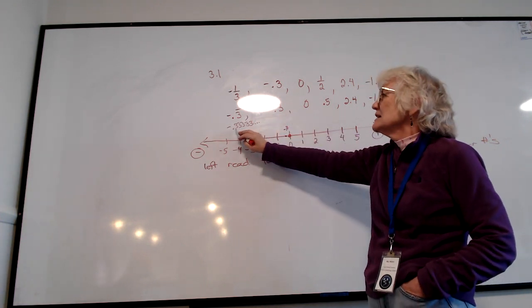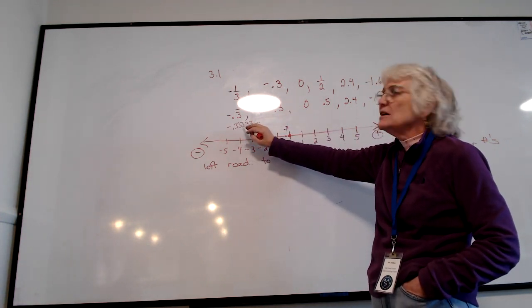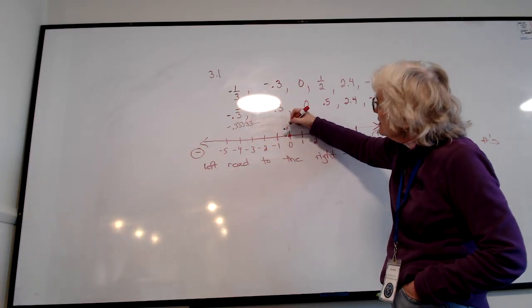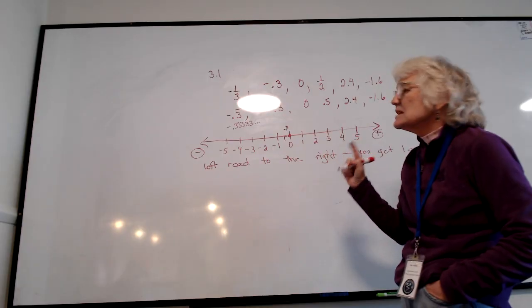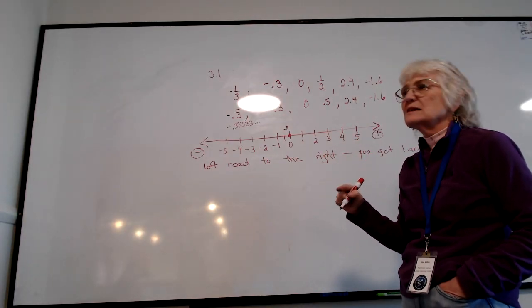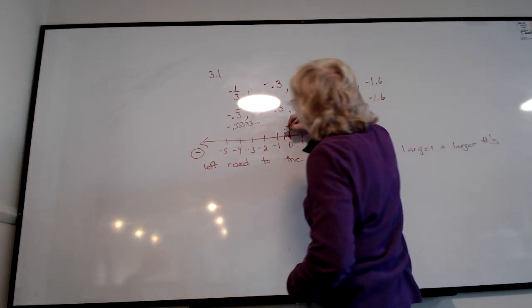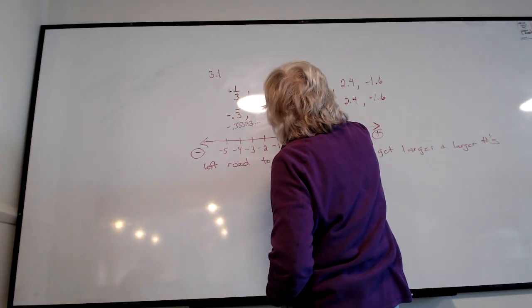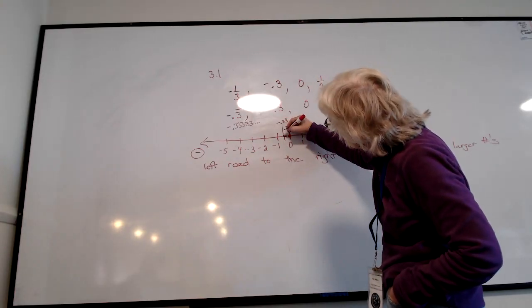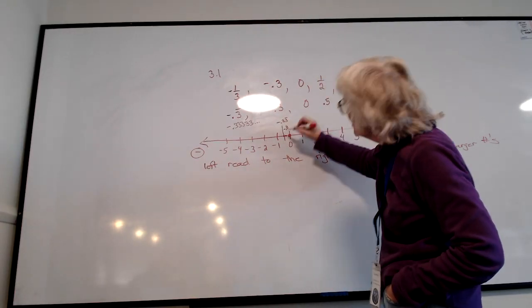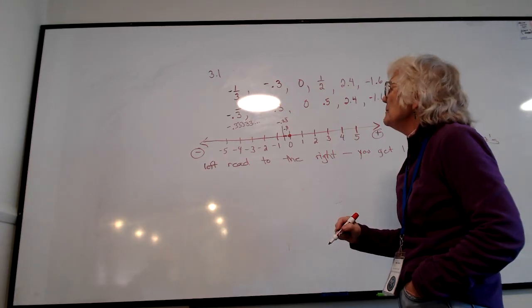This one's actually negative 0.333. So it's just right past that one. So it's actually a smaller number because it's negative. So this here is negative 0.33 repeating. It's a little bit smaller than negative 0.3.